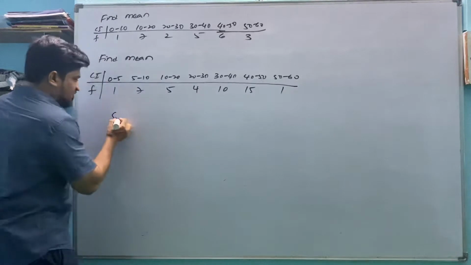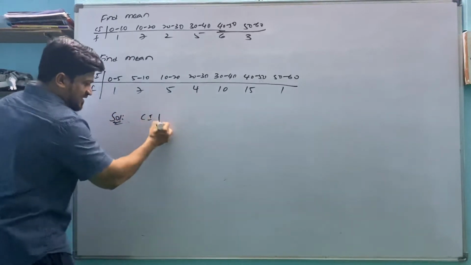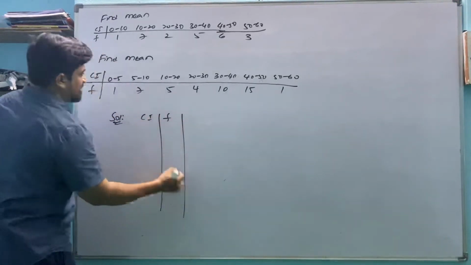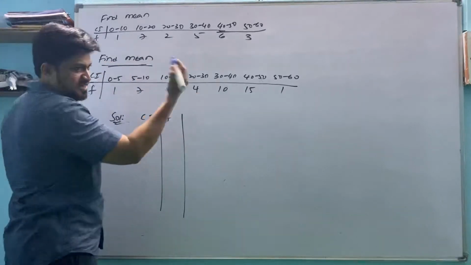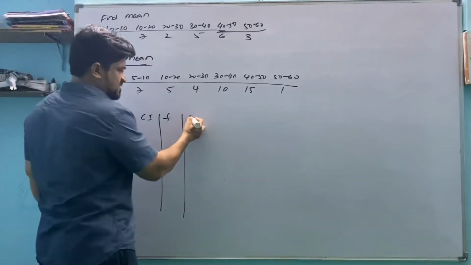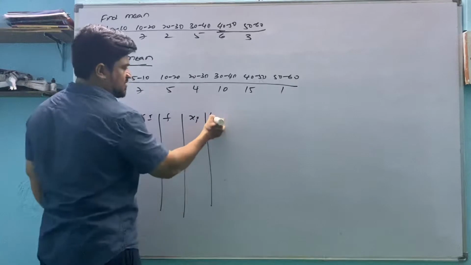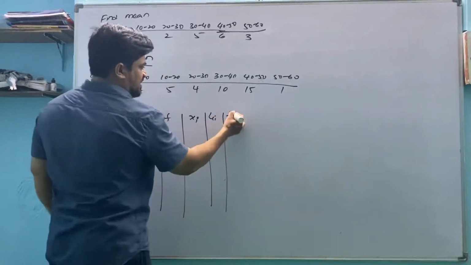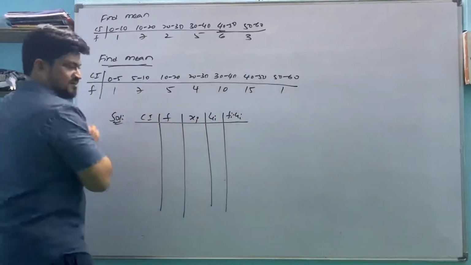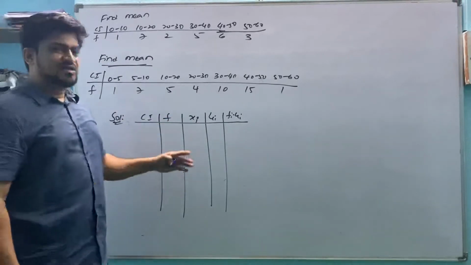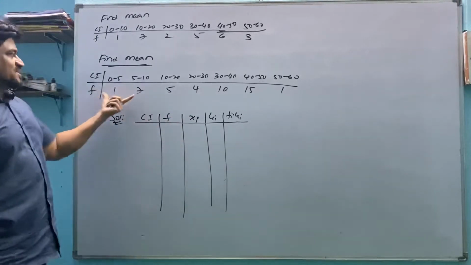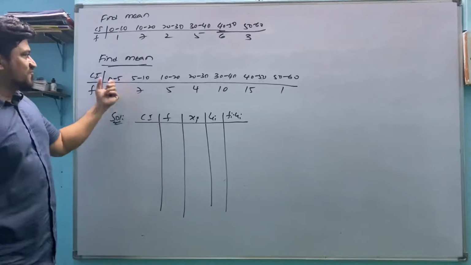In the solution, we'll write class interval, frequency. If we want to find mean by the step deviation method, xi we will take, ui we will take, fi into ui we will take. Okay, I'll not do that solution. We see these two unequal classes of 5 length each.